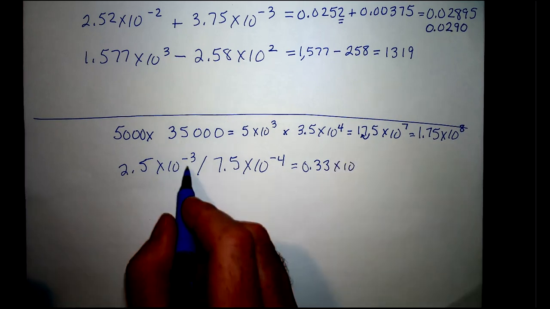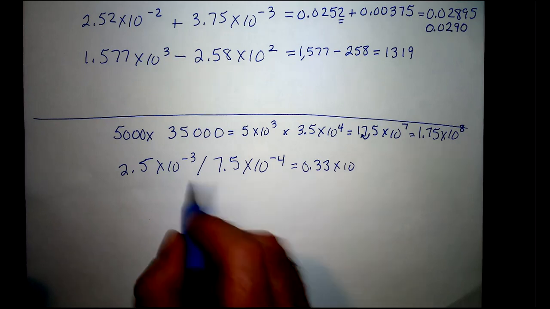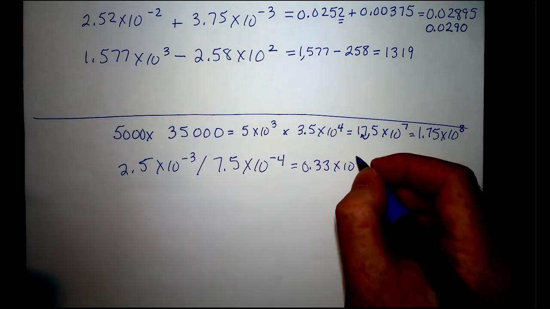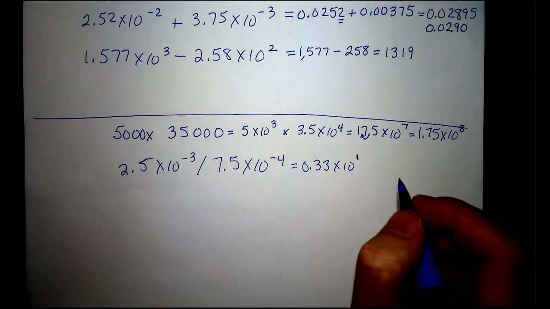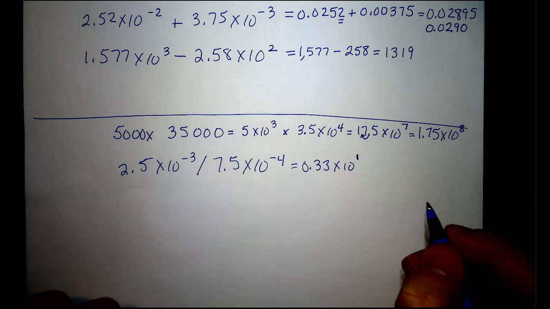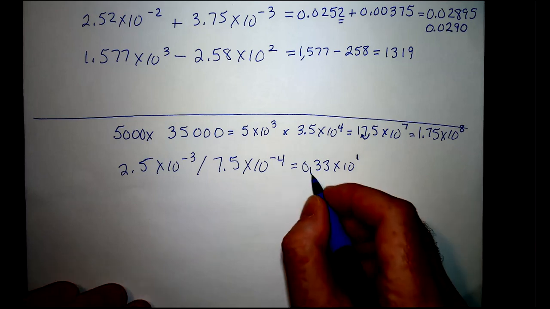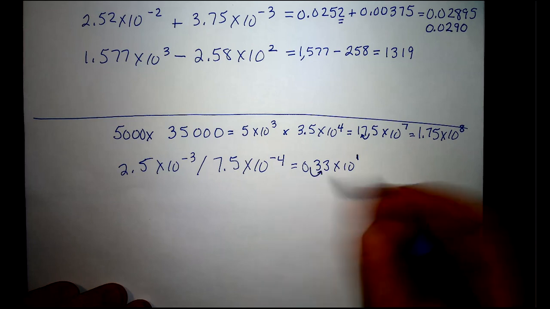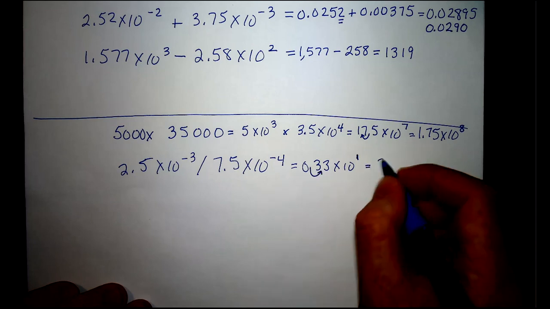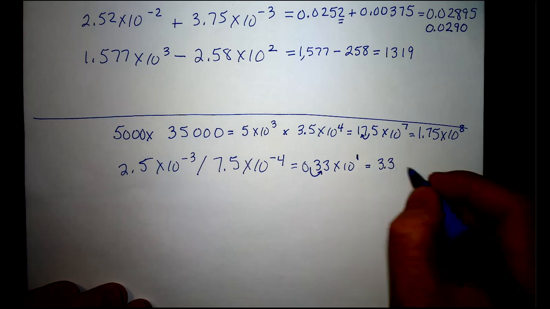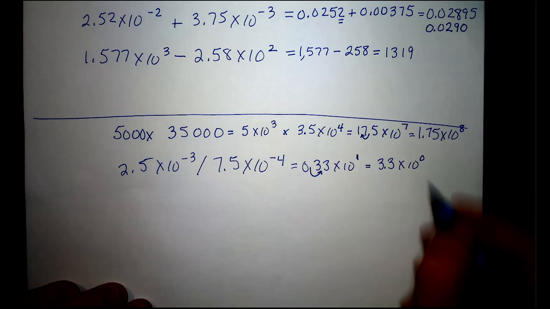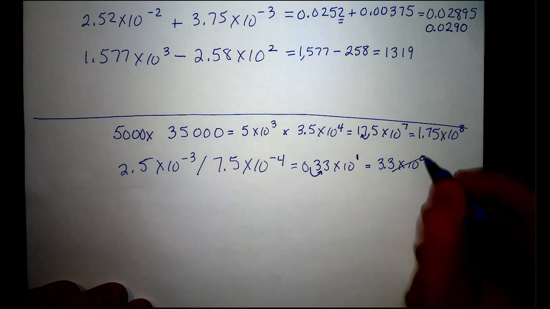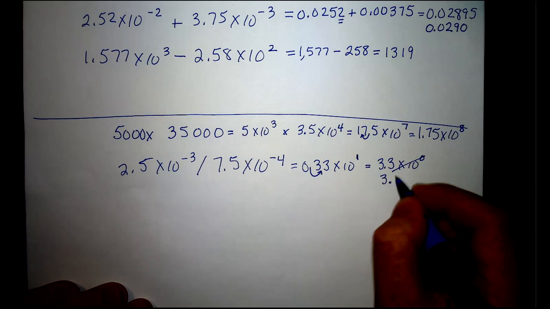So -3 minus a -4, or -3 plus 4 is going to be a 1. But that's not where I want to leave it, right? We're going to have to go to here, move it 1, and so we'd have just 3.3. You can say 3.3 times 10 to the 0 power, but when you get anything to 0 power, it's 1, so that kind of goes away, and you just say 3.3.